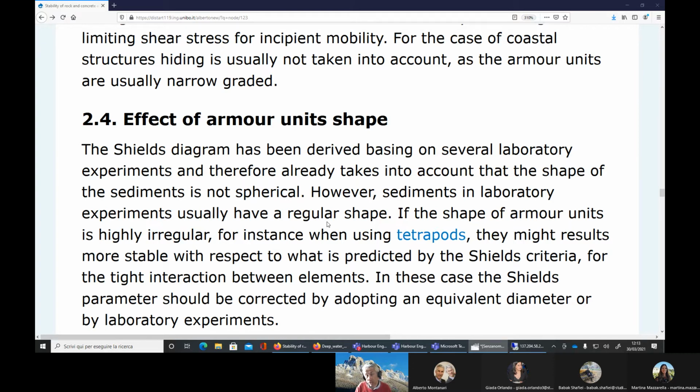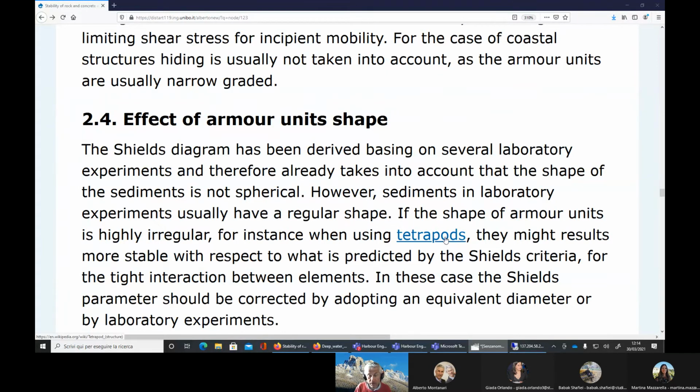So what you have to do is to correct again the Shields factor, okay? We are not discussing this in detail, but keep in mind that usually the producer of the units can give you indications, because producers make experiments in their own lab, or they may commission lab experiments, in order to be able to give indications about the functioning of the units in terms of stability. So this is the source of information you have to look at.